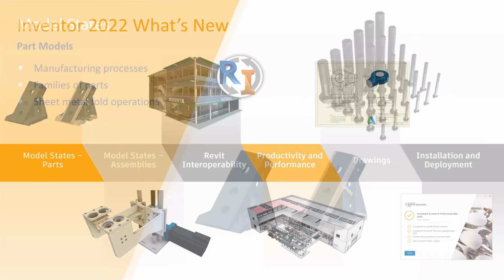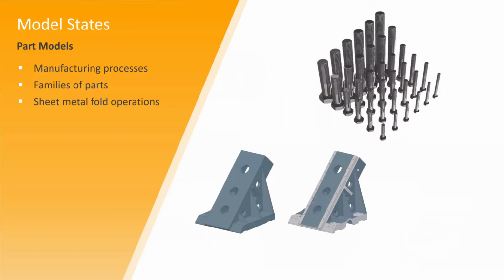So first up, I'd like to, as I mentioned, drill down a little on the model states functionality. It's a completely new workflow that enables us to create multiple representations of parts or assemblies within a single document to provide a convenient way to engineer, manage, and manufacture our designs with different dimensions or parameters, different components or properties or simplification tools.